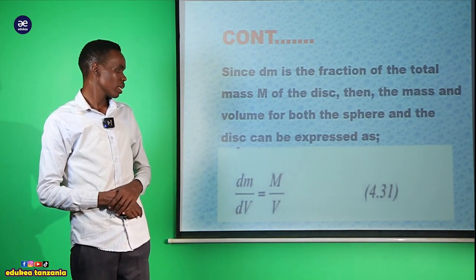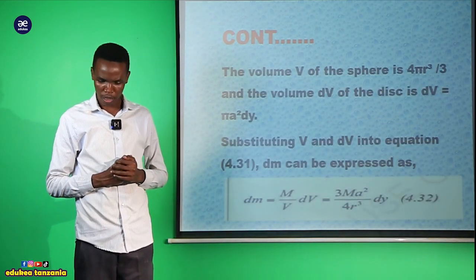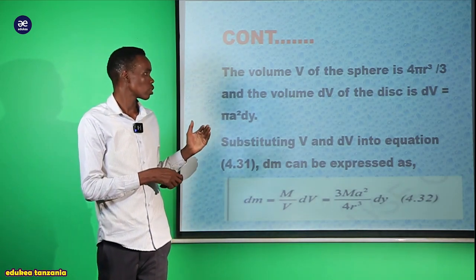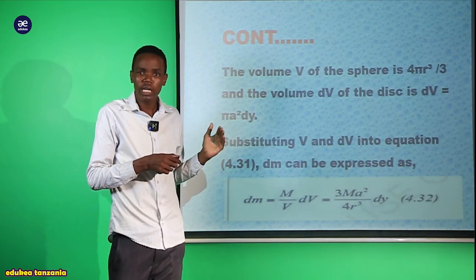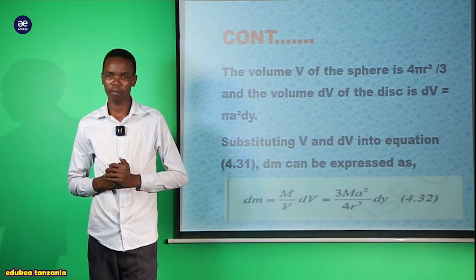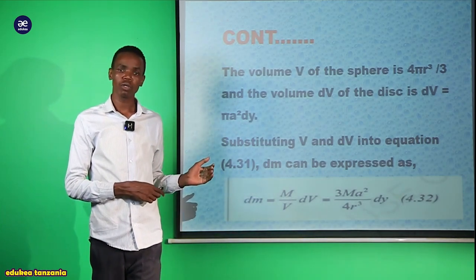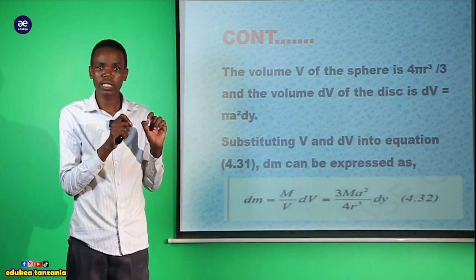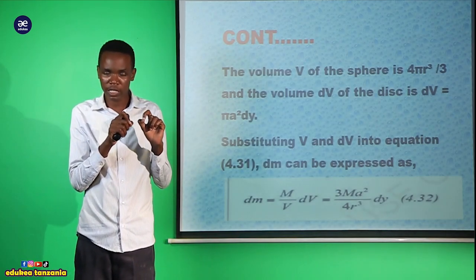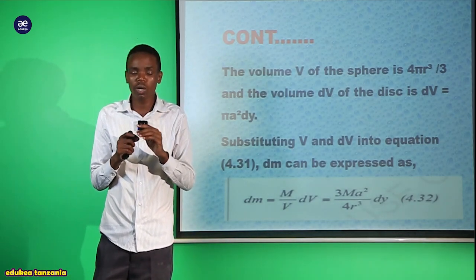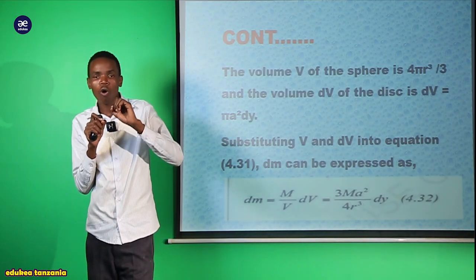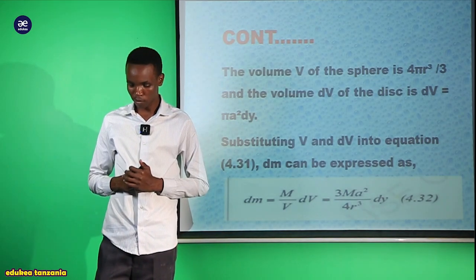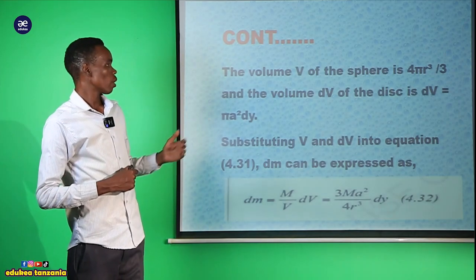Now, my dear student, what are we supposed to do here? We need to look for the volume of the sphere, because in our formula we consider the ratio of the mass of the elemental disk to its volume, and the ratio of the mass of the whole sphere to its volume.